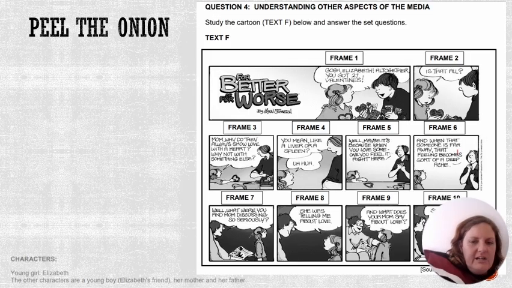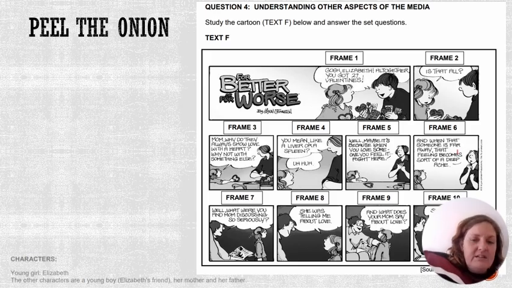So if we have a look at this cartoon and we start to peel the onion, you will see immediately that there isn't a very specific setting. There are 10 frames and the setting is quite bland. We're not quite sure where people are, but there is a side note at the bottom that says that the young girl's name is Elizabeth and the other characters are a young boy, her mother, and her father.